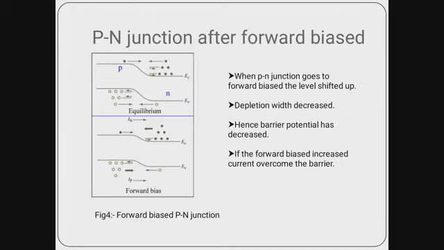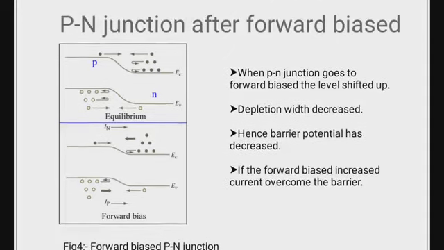Now this is the diagram after biasing. This is the diagram in equilibrium conditions, when the band bending structure has just been formed. Now if we bias the PN junction externally, this structure is for forward bias.